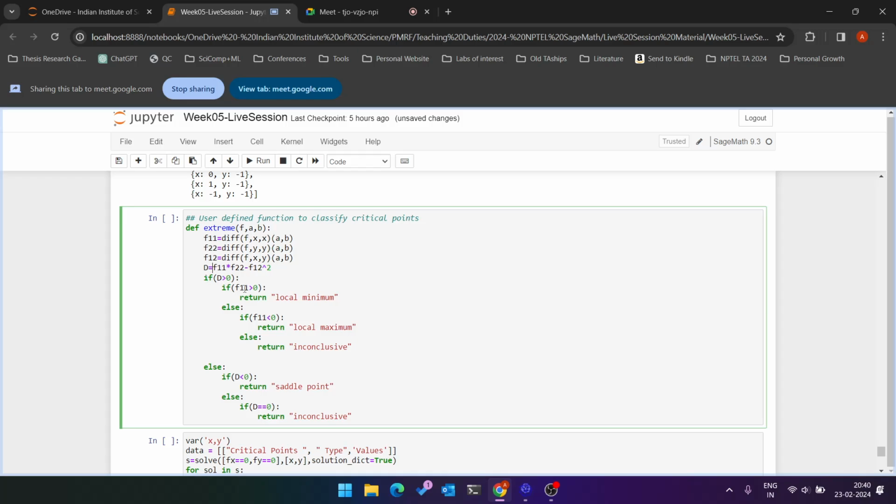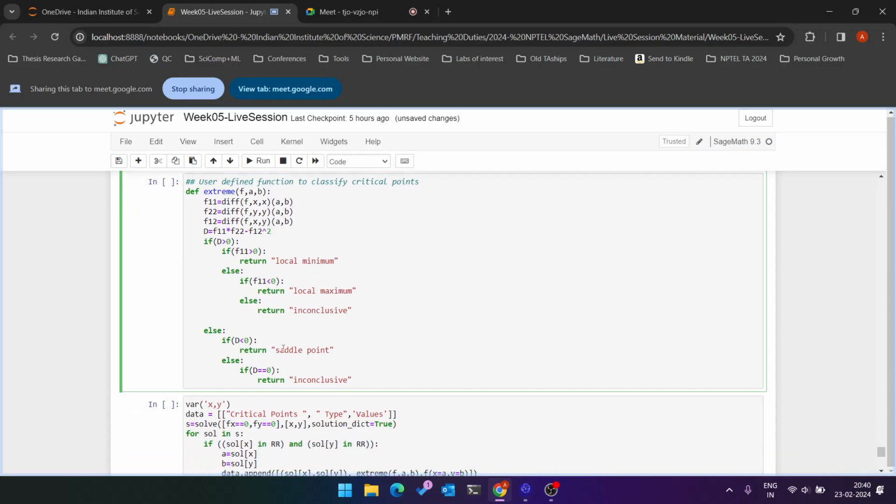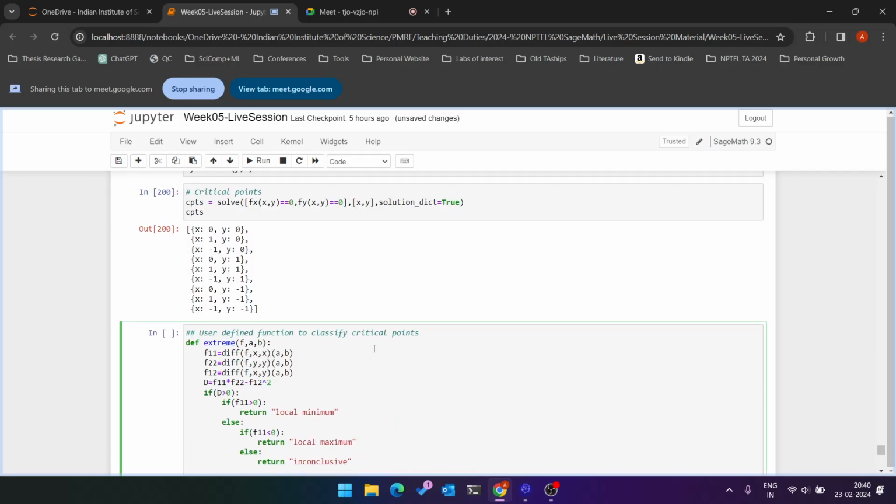If the determinant is positive, and the sign of the first term is positive, you basically have a local minimum. If the determinant is positive but the sign of the first term is negative, then you have a local maxima. If the determinant is negative, you have a saddle point. So this is what we have.